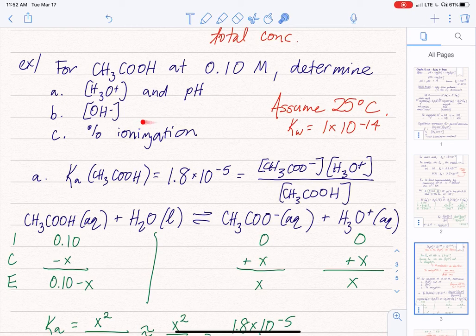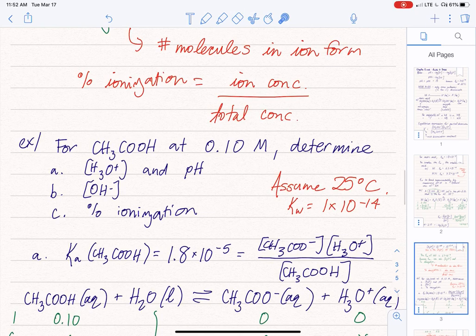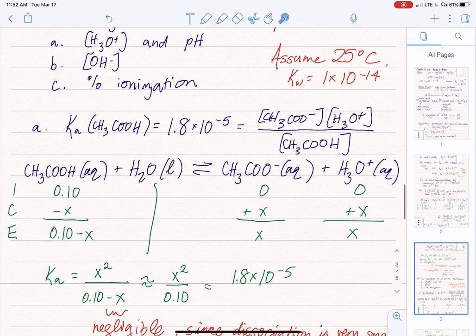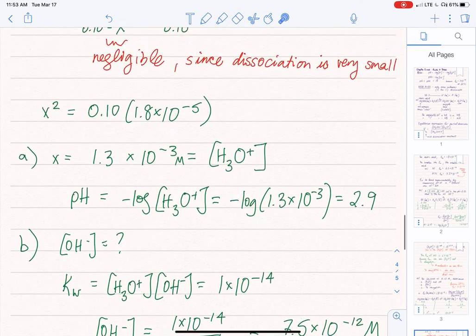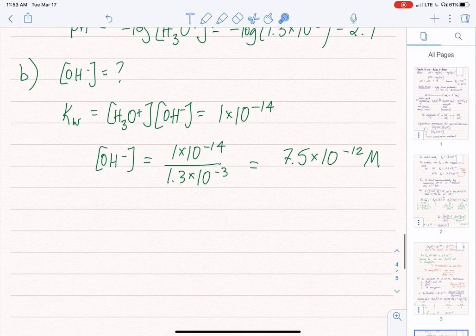So the last part of the question is to calculate the percent ionization, which, as I talked about a moment ago, is the ion concentration at equilibrium over the total concentration, also at equilibrium. However, we made an assumption when we did that problem that minus x was negligible, that dissociation was negligible.